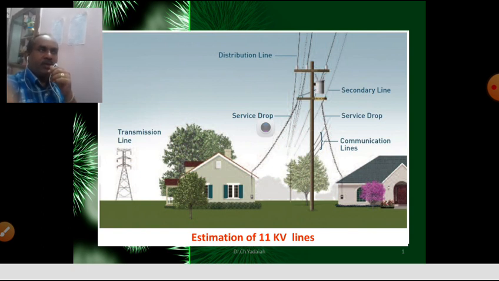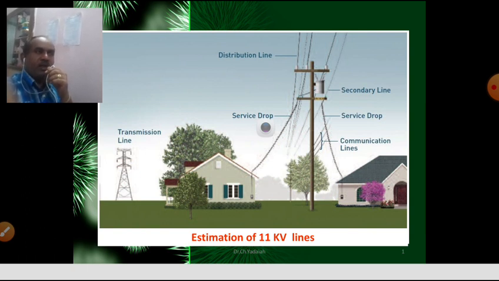Last class we have seen what are the main components of overhead power lines, what is its function, what is its characteristics. We have seen one by one last class.